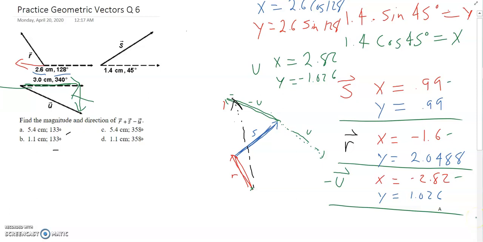All right, so now that we have those, if you add all of your x values together, the sum of the x or horizontal values should equal negative 3.43. And the sum of the y values should equal approximately 4.504.